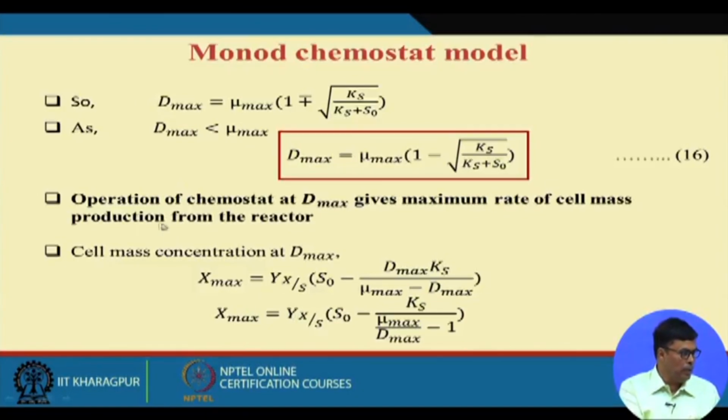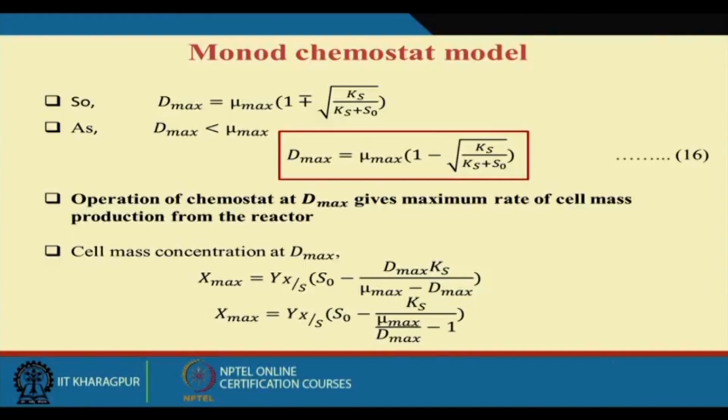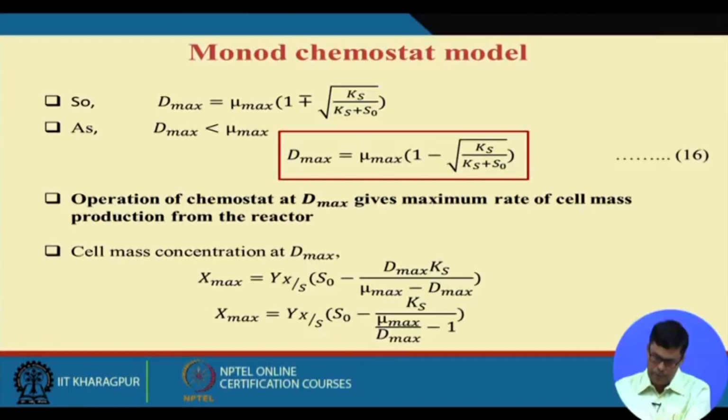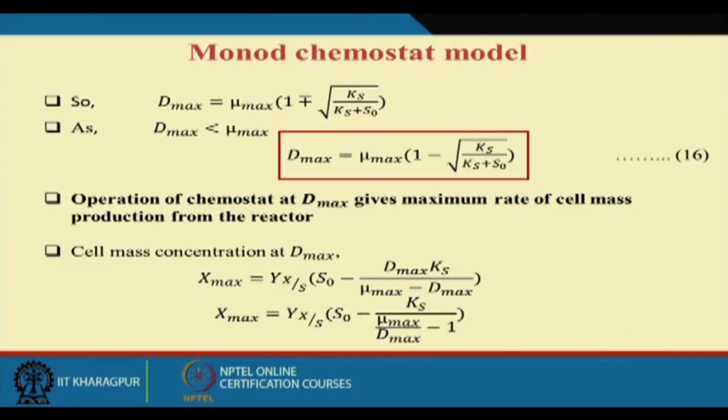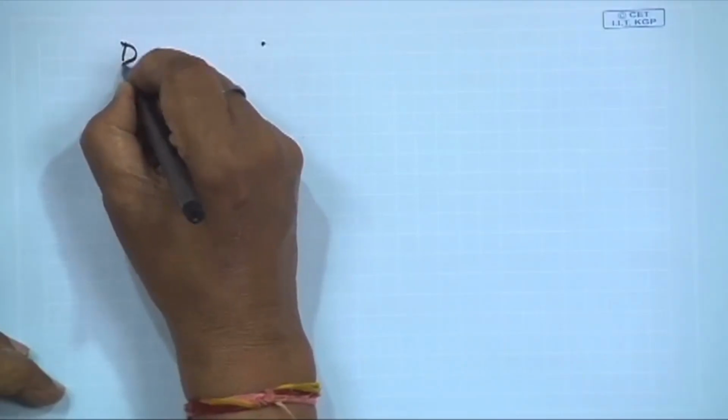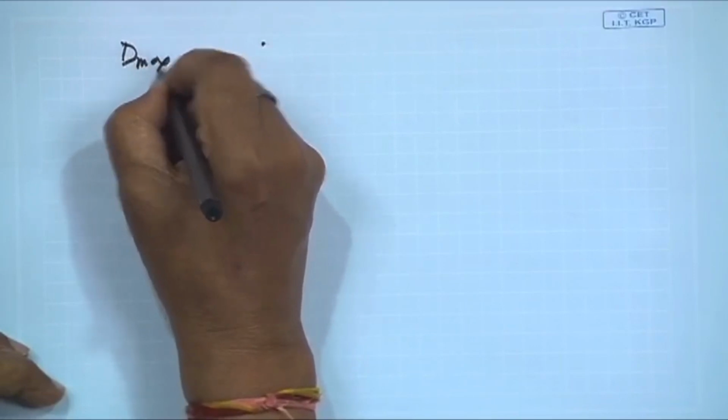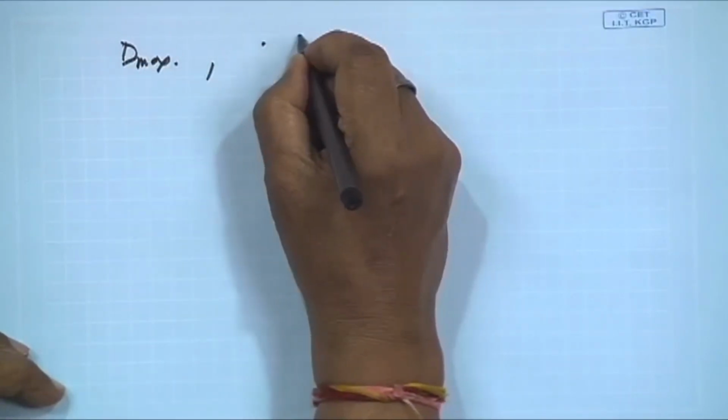Now in the operation of the chemostat, Dmax is the maximum rate of cell mass production from the reactor. How can we find out the maximum rate of growth of the cells? In a chemostat, if you find out the Dmax value, then you can find out the S value.